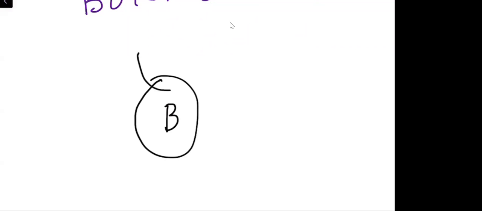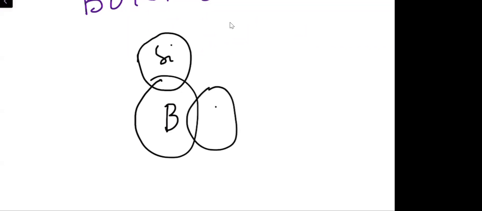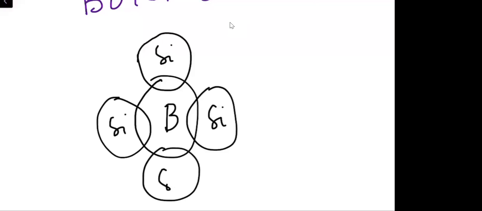So when we add the trivalent impurity, we have B, and we have Si, Si, and Si, right?